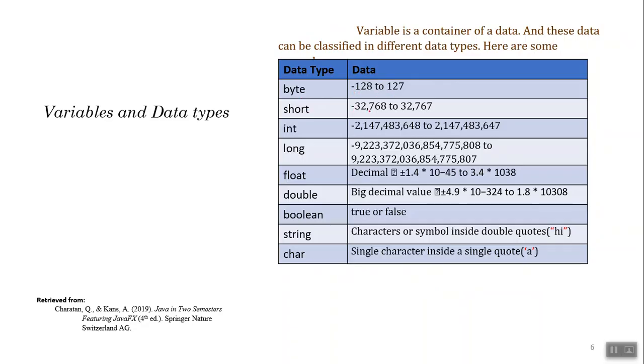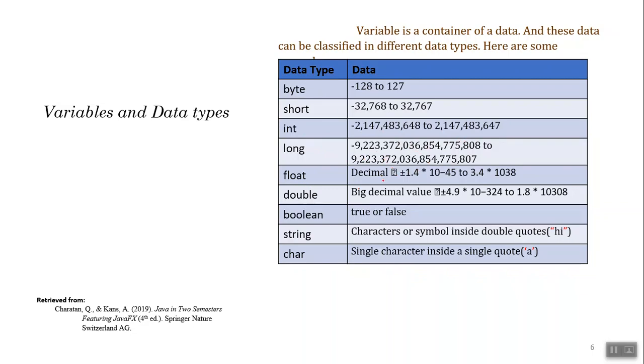Short, negative 32,768 to 32,767. Int, negative 2,147,483,648 up to positive 2,147,483,647. And then long, that's too long to read.